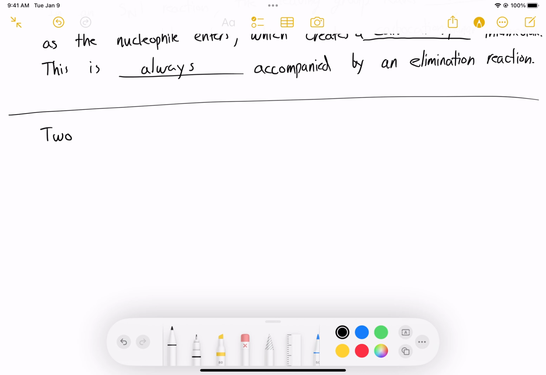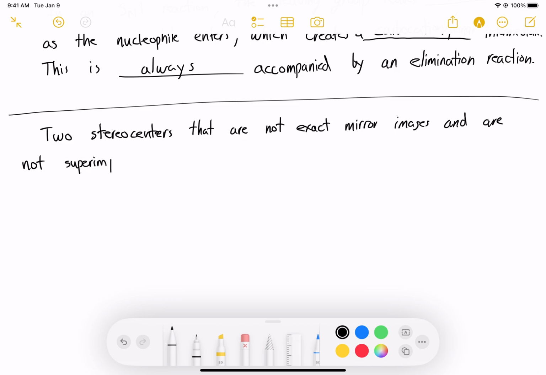All right. So if we have two stereocenters that are not exact mirror images and are not superimposable, right?